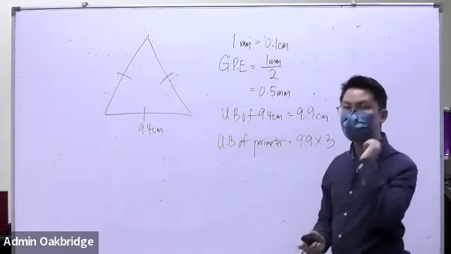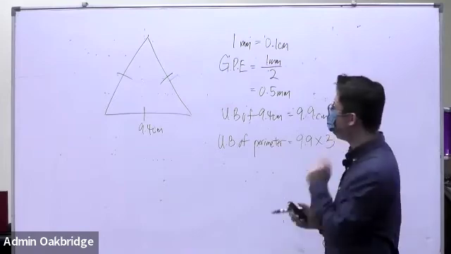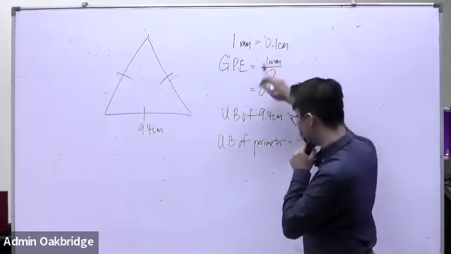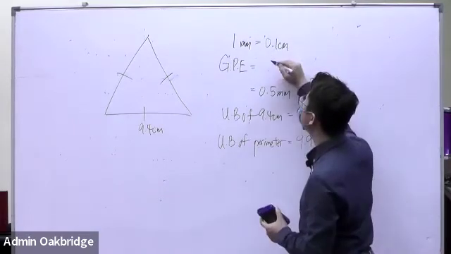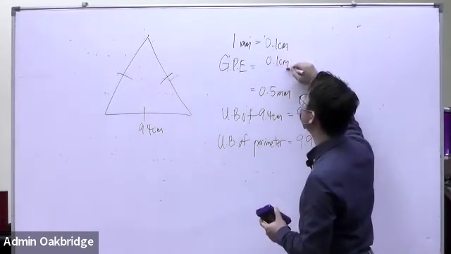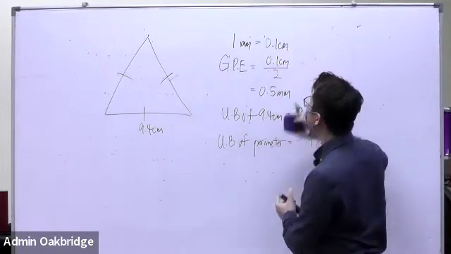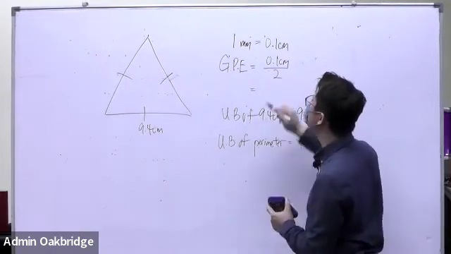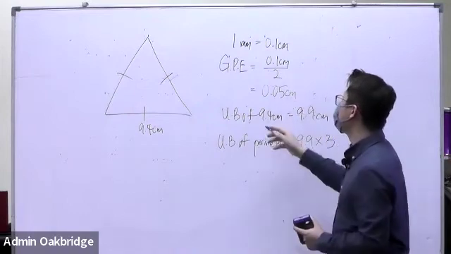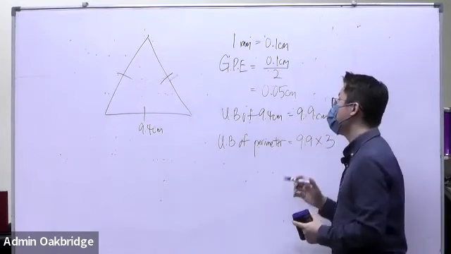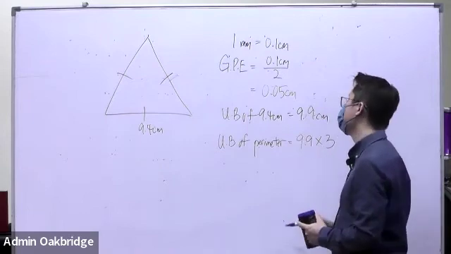So be careful here. Then only you take 0.1 cm divided by 2. Then only you have 0.05 cm. So instead of adding the 0.5, you should add 0.05.